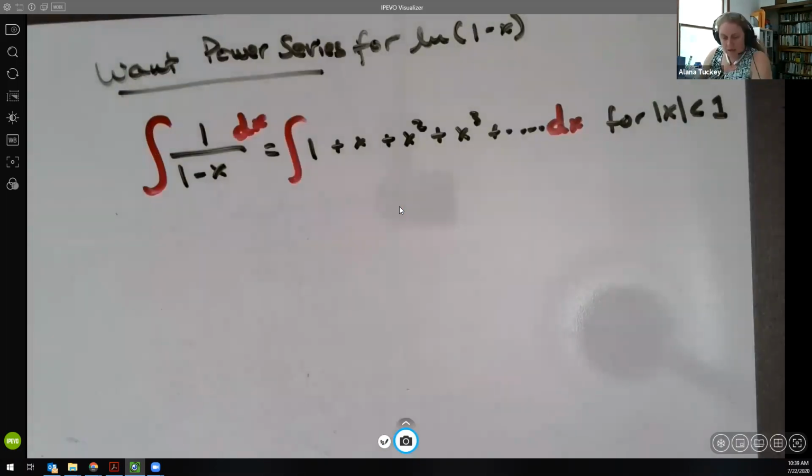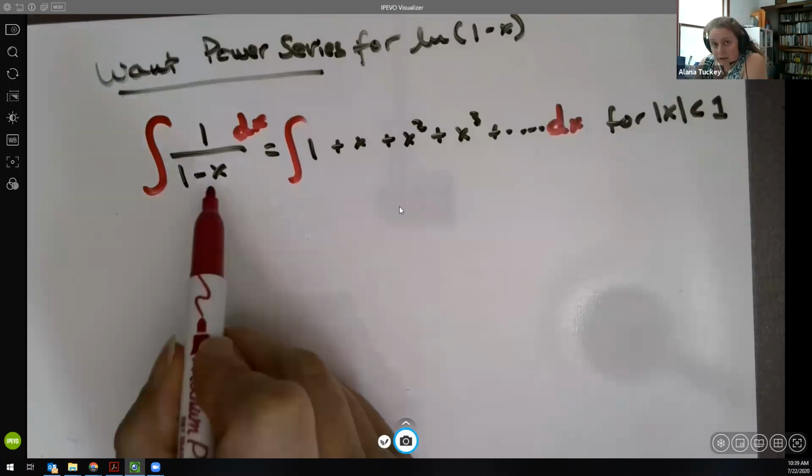Now that I'm looking at it, Lindsay, I almost wonder if this is a typo, and it should be negative natural log of 1 minus x. I'm almost positive, because there's going to be a negative here when I do this.